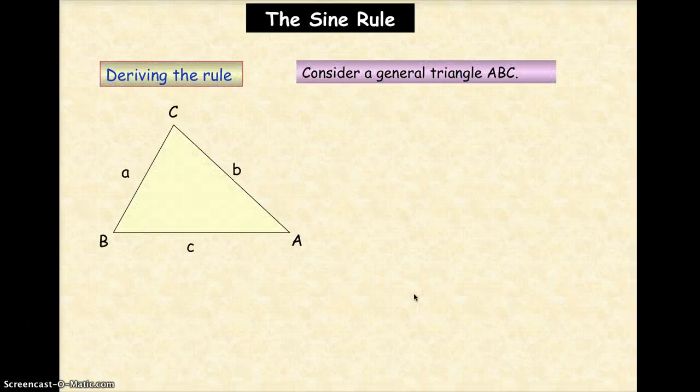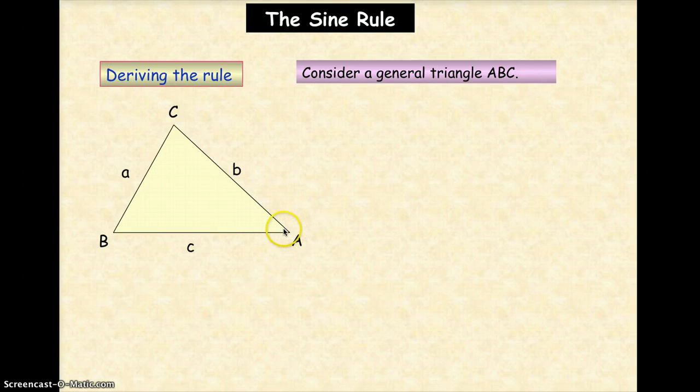Let's talk about the derivation of the sine rule. Given a triangle that is not a right triangle, this triangle should be labeled as follows. Remember, this is important, because if you do not label your triangle this way, then you will be solving the problem in the wrong way and you will get the wrong result.